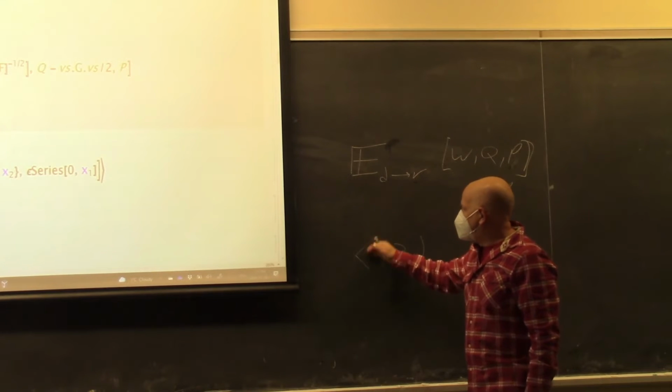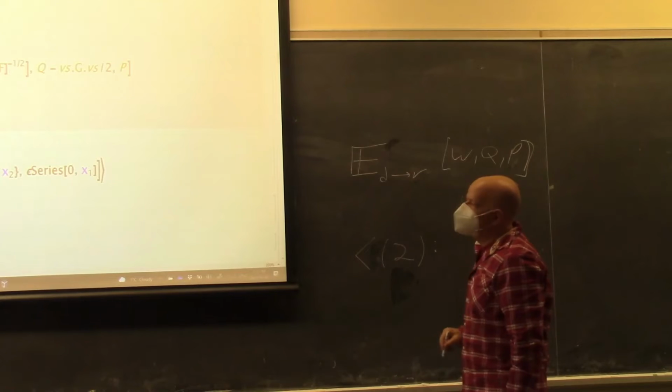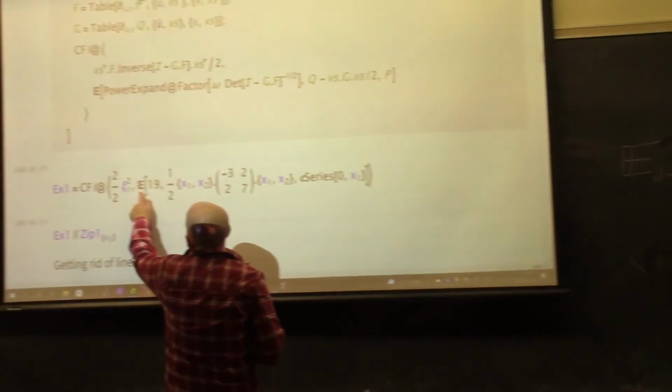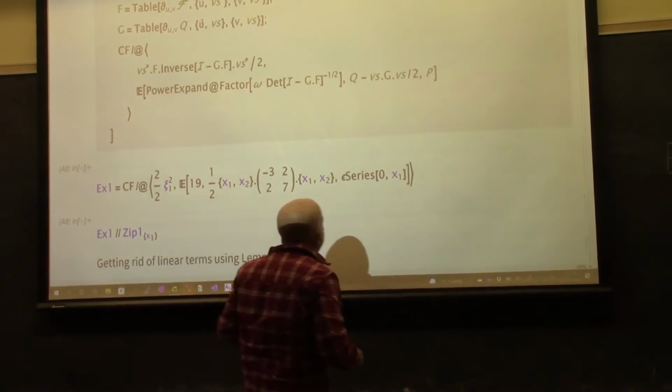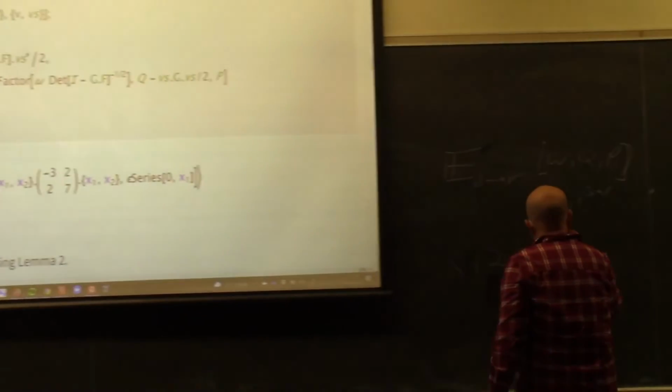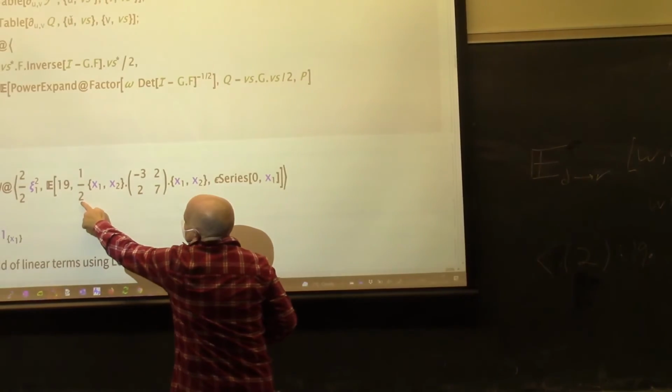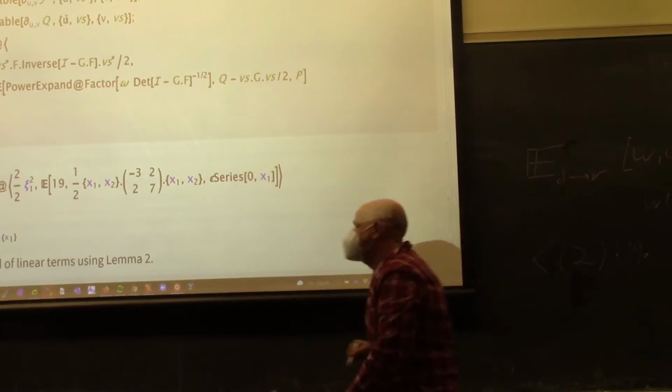So it's a contraction with the 1 by 1 matrix 2. And then I'm contracting it against 19, that's omega, times the exponential of this quadratic form.